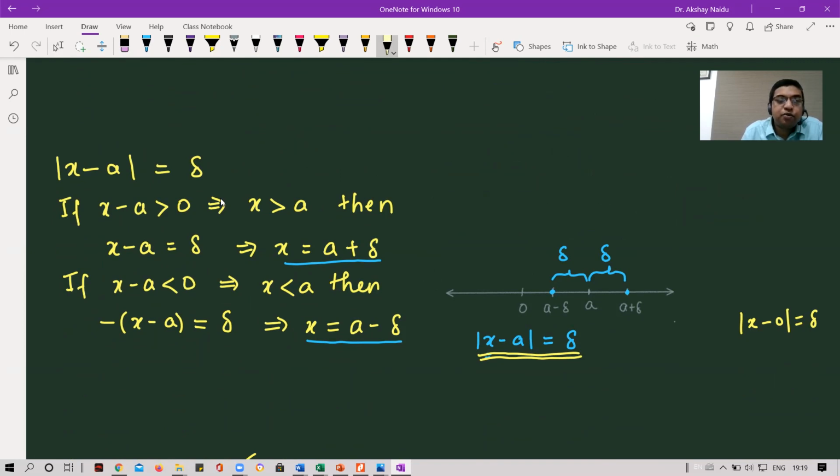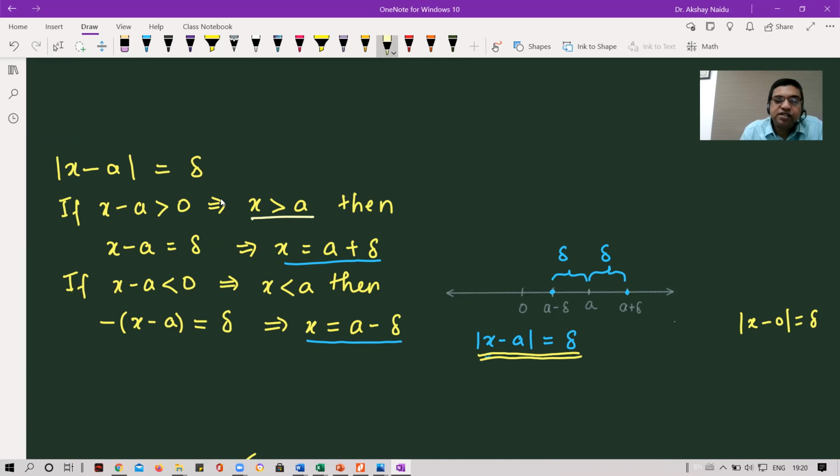Then modulus of x minus a becomes x minus a, and this we can write as x equal to a plus delta. And when x is less than a, modulus of x minus a will be written as mod of minus of x minus a. Now you take this to the other side, and x is equal to a minus delta.